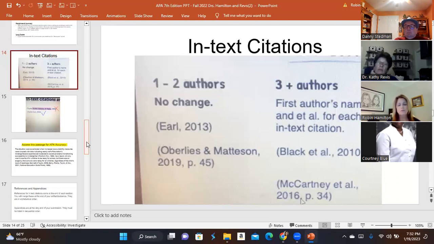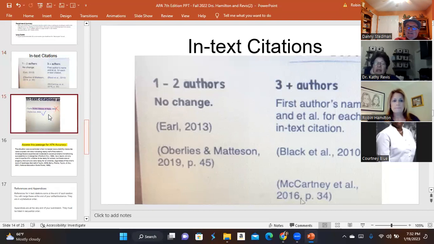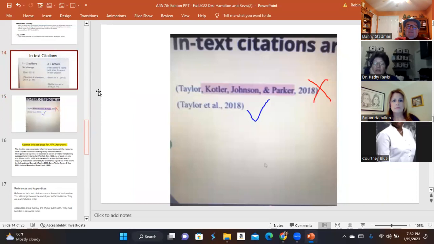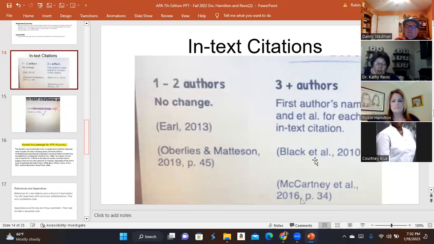So the moral to this story is when you become a published author, make sure that your name is first so that you can have your name in the in-text citation. 1 to 2 authors, you list them. 3 or more authors, you only list the first one. And notice with the et al., the little word et has no period behind it. The period is behind the al.